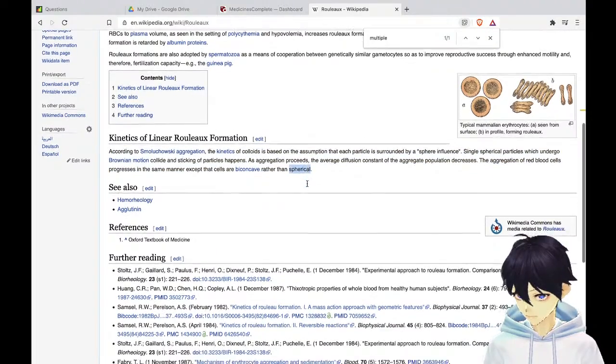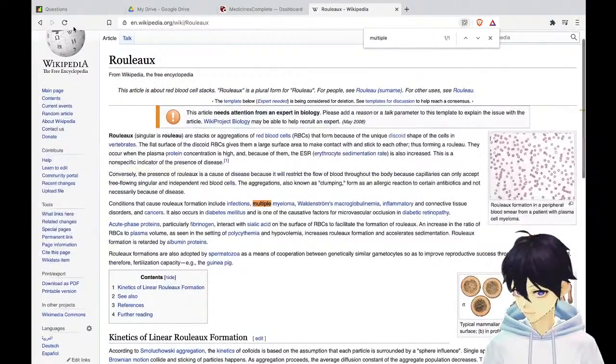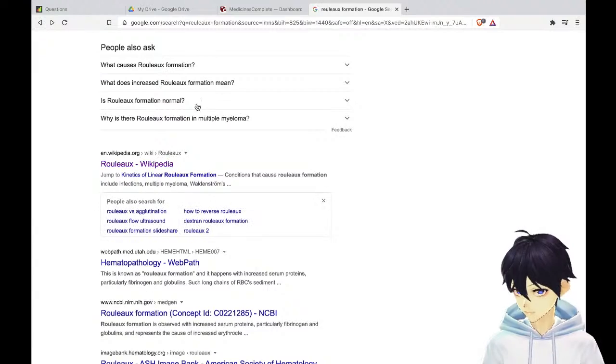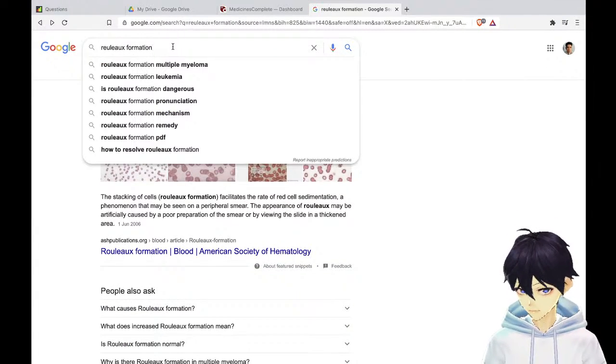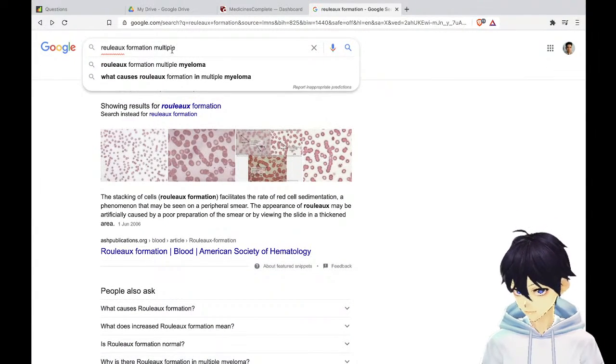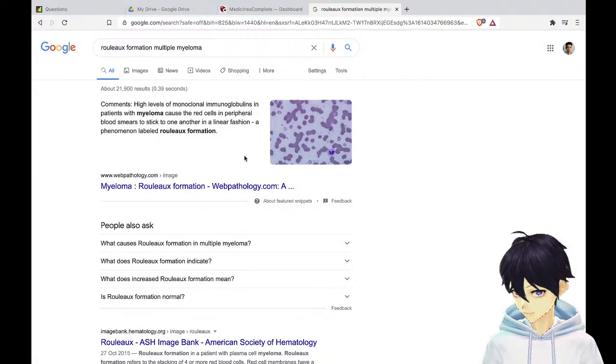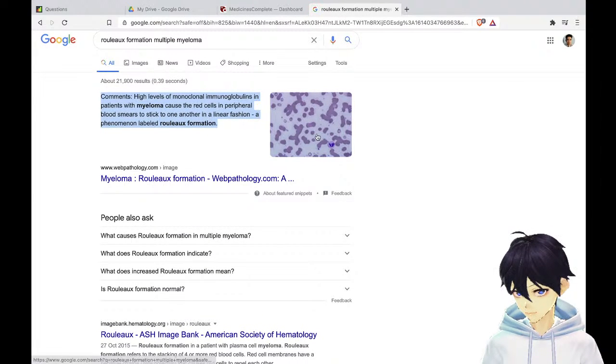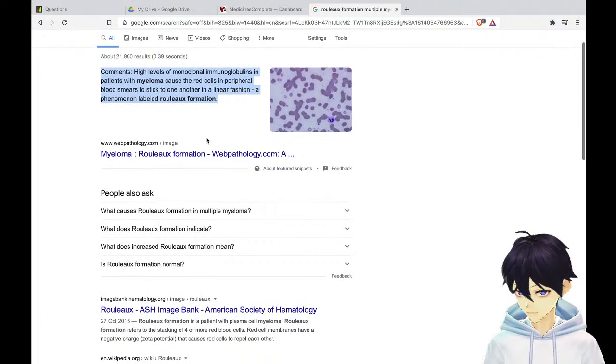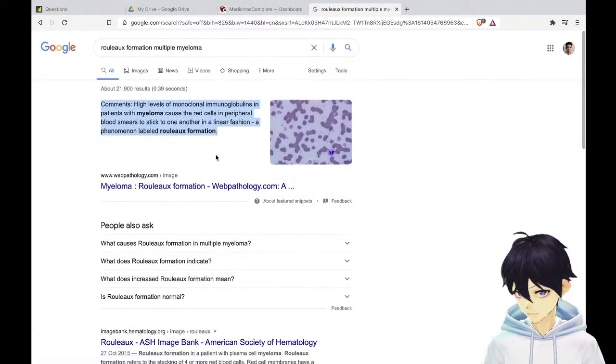This doesn't explain anything for multiple myeloma, I think. High levels of monoclonal immunoglobulins in patients with myeloma cause the red cells in peripheral blood smears to stick to one another in a linear fashion. Okay, then. It's because of the high immunoglobulins. That's something to do with Brownian motion, as we read just now.